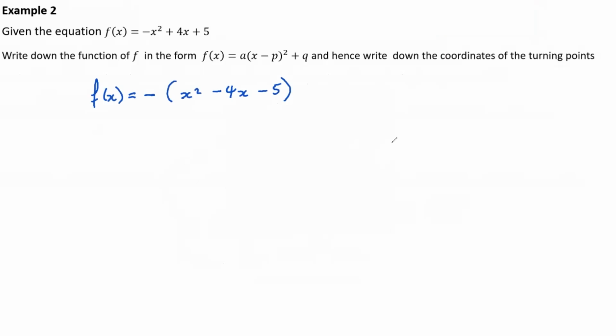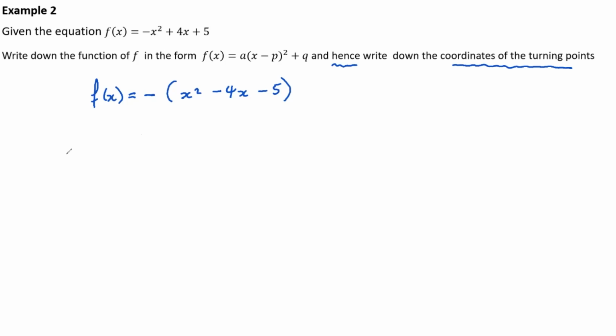I've taken out the negative 1. Perfect. Now, it says then, write down the function in the form f of x is equal to this, and hence write down the coordinates of the turning points.